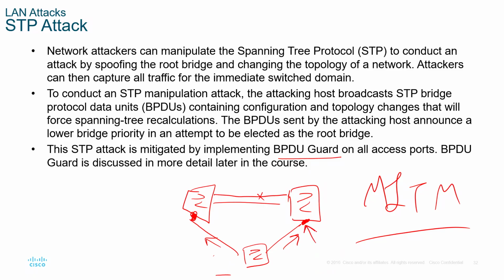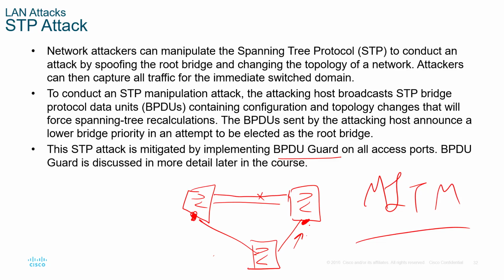If we put BPDU guard here, it means this is an access port. With BPDU guard in place, even if an attacker connects, he won't be able to send BPDUs here because of the BPDU guard. That's one way of implementing protection against STP attacks.